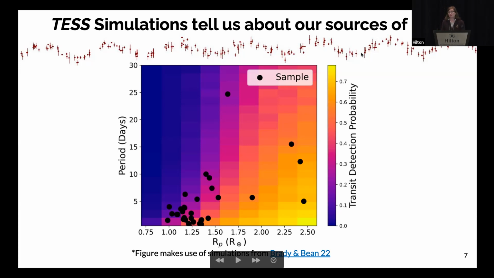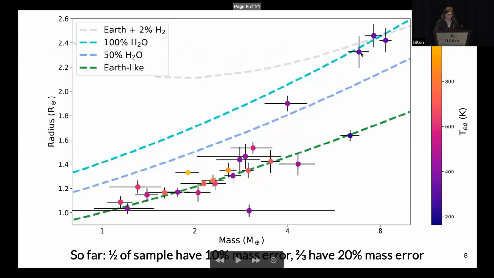So we can start to use this sample to characterize the mass function of planets, which will be very interesting. Though of course, since these are just the results of some fairly simple simulations, I'm sure at some point TESS is going to release an awesome study where they do a really careful completeness analysis. So this is a bit of an estimate, at least for now.